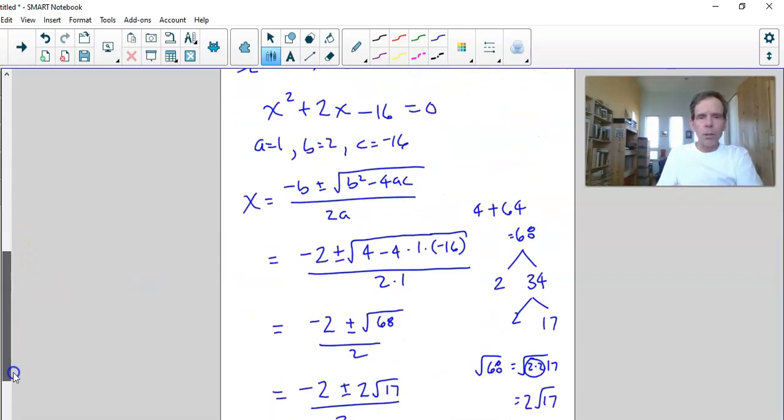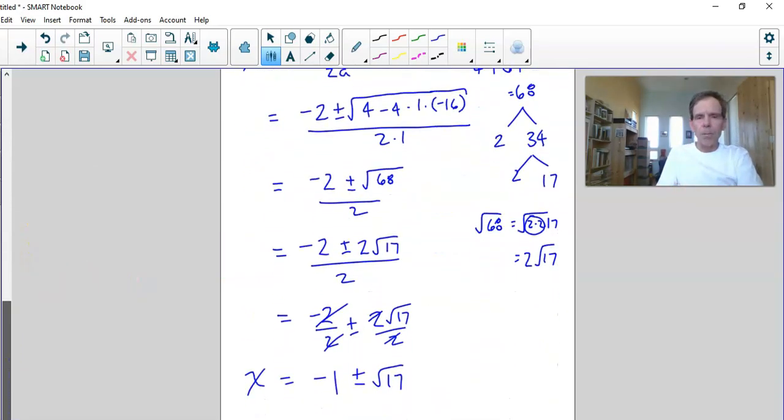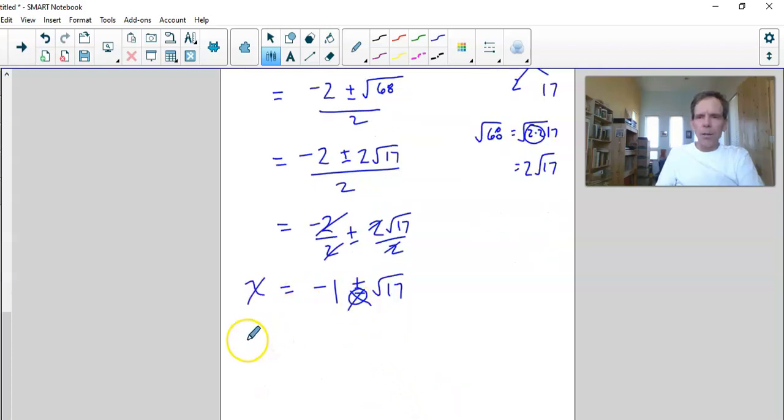You're wondering, why'd you throw away the minus in that figure up top? It's because it's a length, and lengths have to be positive. So we're going to toss out the negative. x is negative 1 plus the square root of 17. And what's the length of the other leg? Well, that's 2 longer. So we'll take x, negative 1 plus the square root of 17, and add 2 to it.